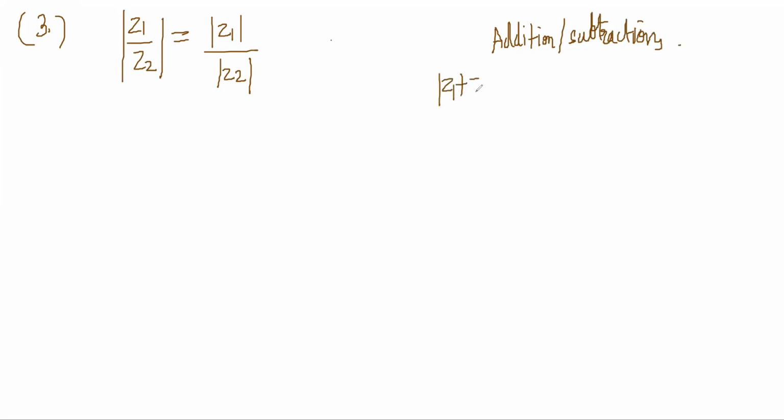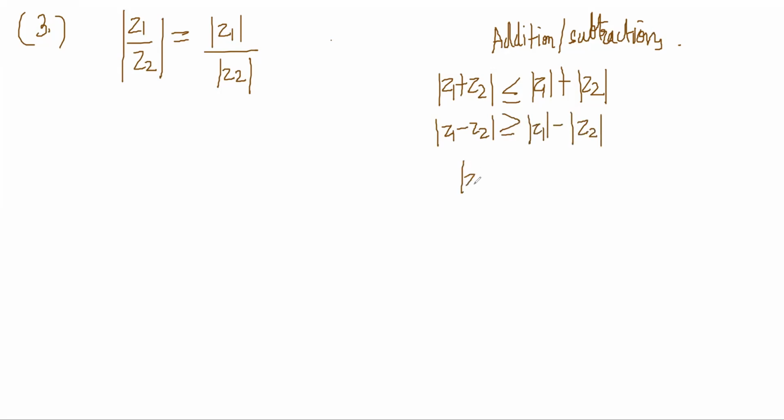So we have mod of z1 plus z2 is less than or equal to mod z1 plus mod z2. We have mod of z1 minus z2 is greater than or equal to mod z1 minus mod z2. We have mod of z1 z2 is equal to mod z1 mod z2.